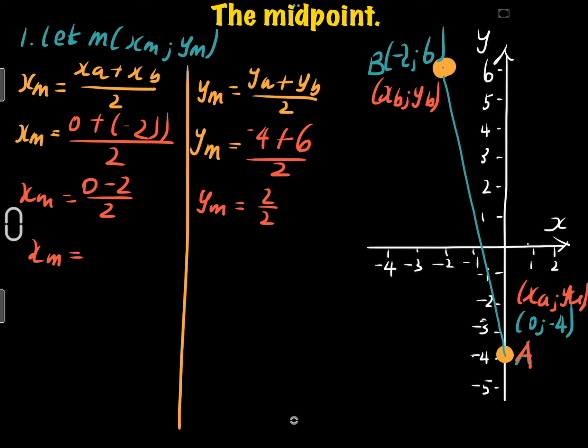xm is equal to 0 minus 2, which gives us -2 divided by 2, and ym is equal to 2 divided by 2, which gives us 1.